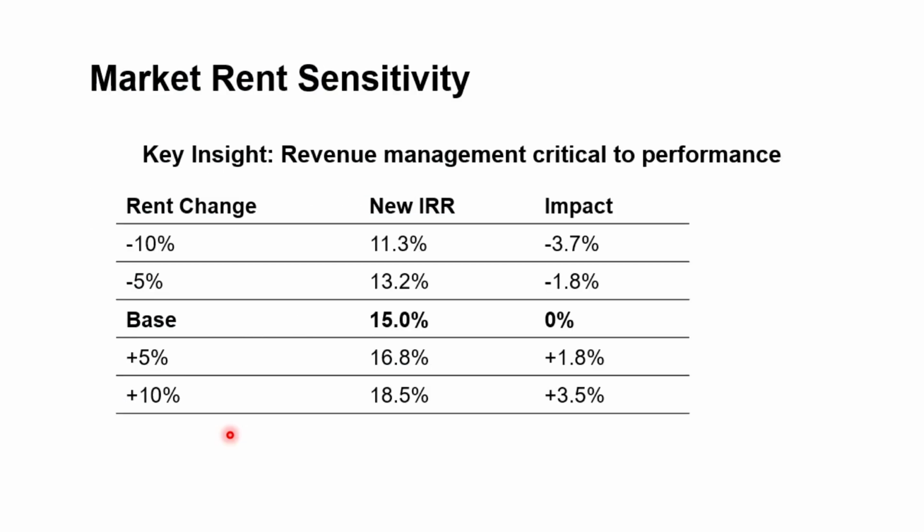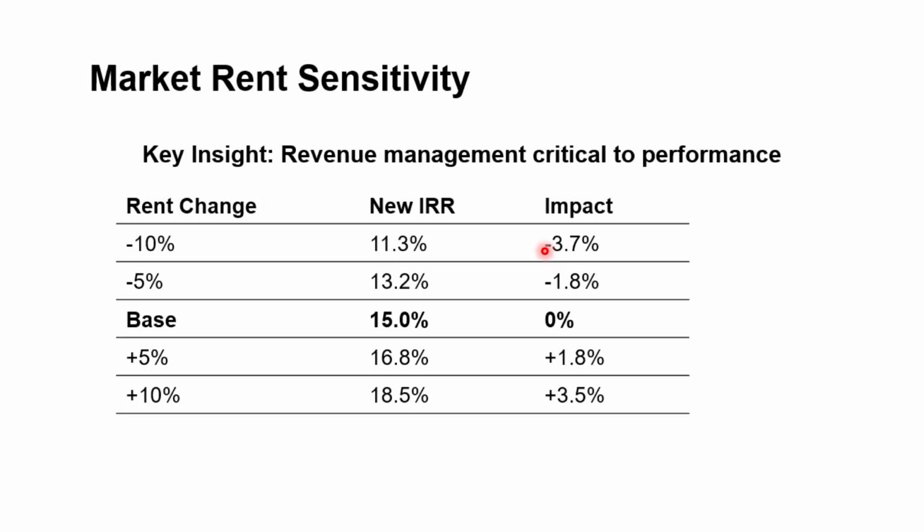Now see the sensitivity analysis. Market rent changes create significant IRR impact, and this insight is crucial for investment success. So basically a 10% rent decline drops IRR to 11.3%. That's a 3.7 percentage point impact.